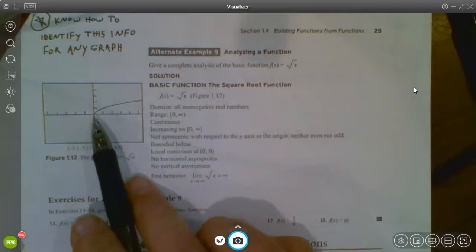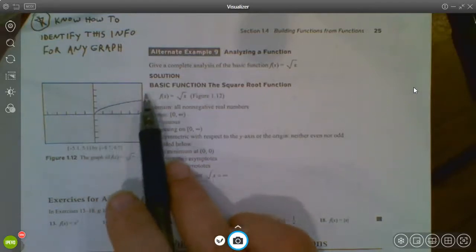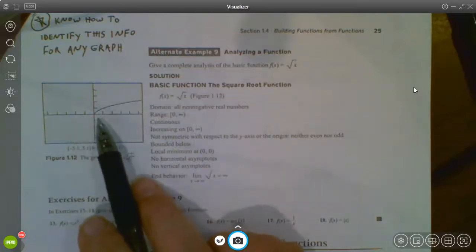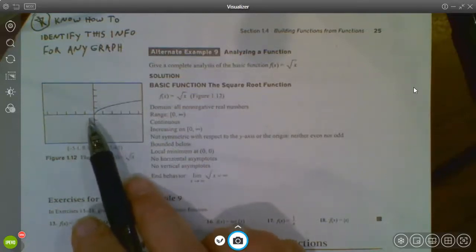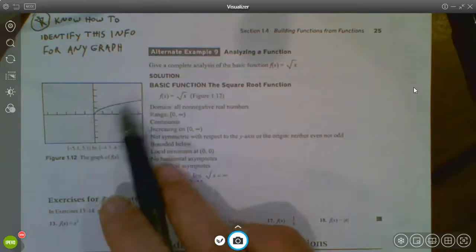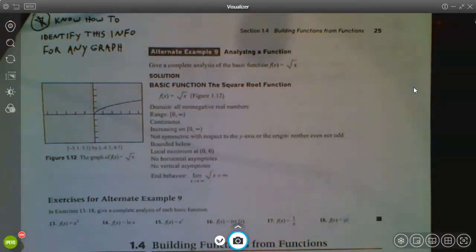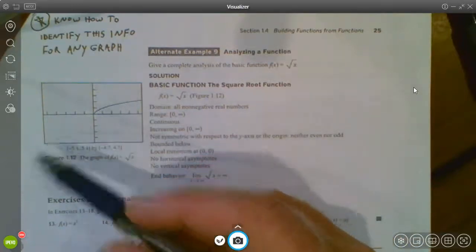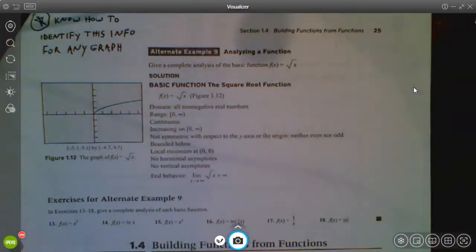Like on this one, you can see this one only goes up forever. So they say it's bounded below, in other words, there's a boundary here that it cannot cross. So this one is bounded below because it only goes up forever. If it were to go, let's just say, up and down, then it would be unbounded, right, in a case like that. So anyway, that is it for 1.3.